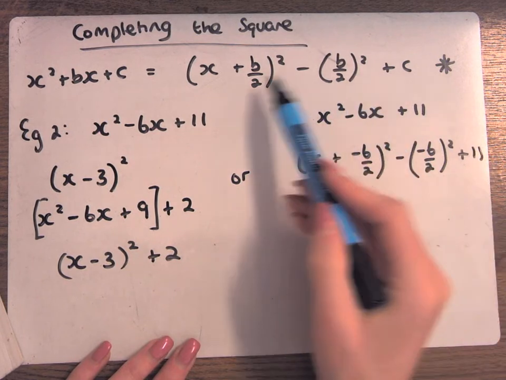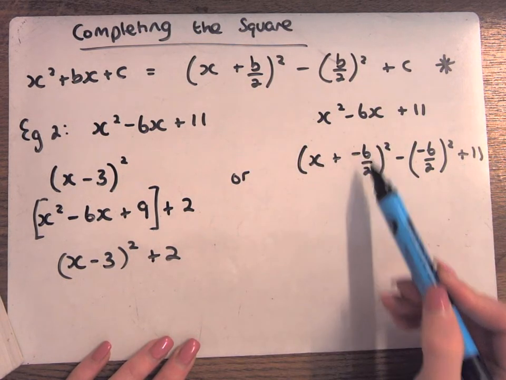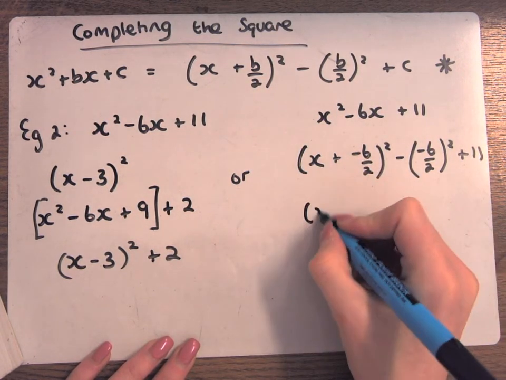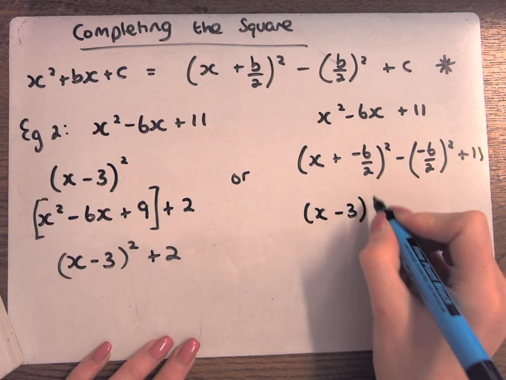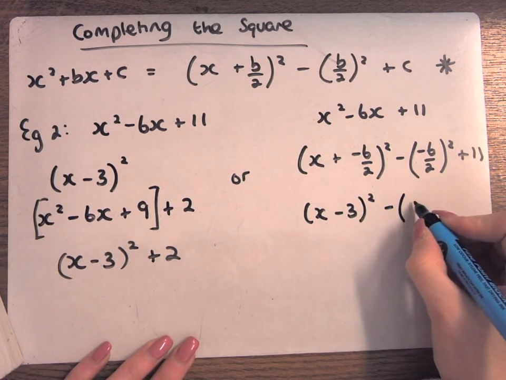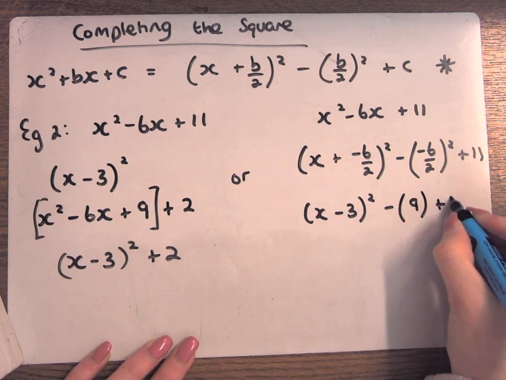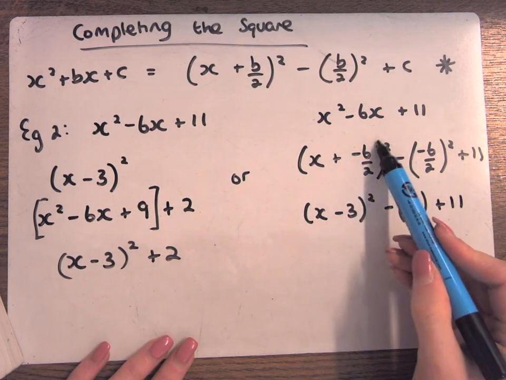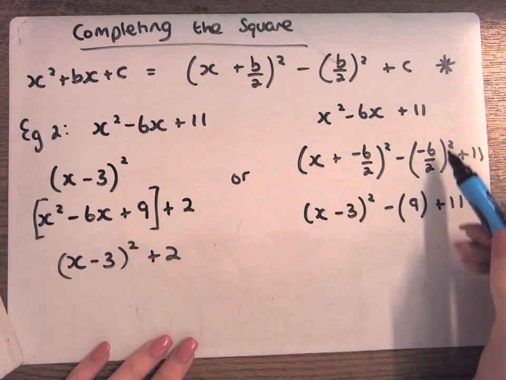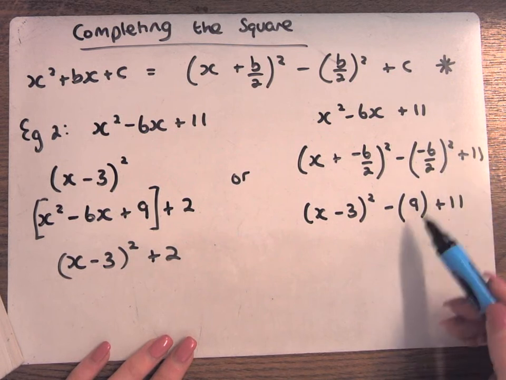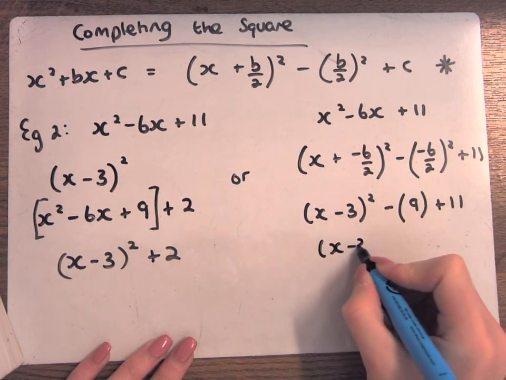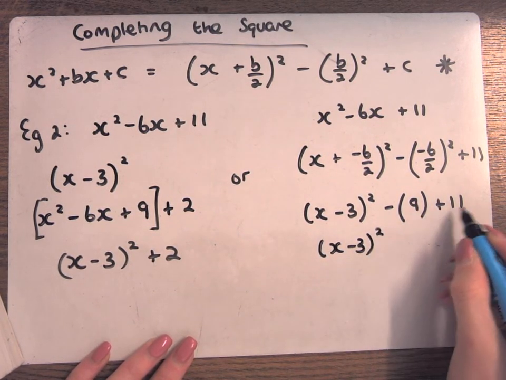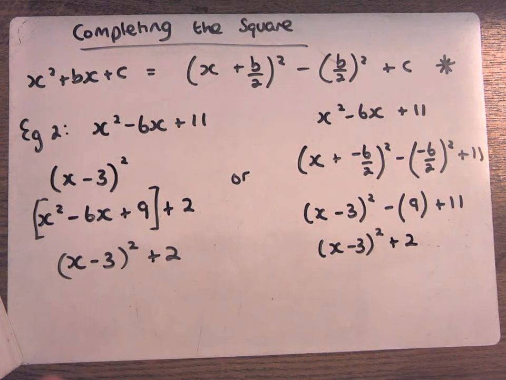Okay, so your b is here, the minus 6. So you get minus 6 over 2 is minus 3. Same thing here, minus 3 squared is 9. Minus 9 plus 11 is plus 2. Same thing.